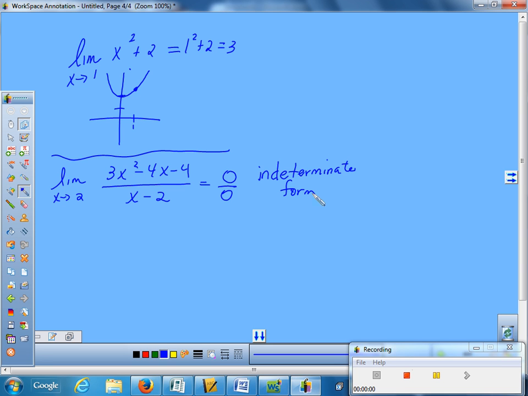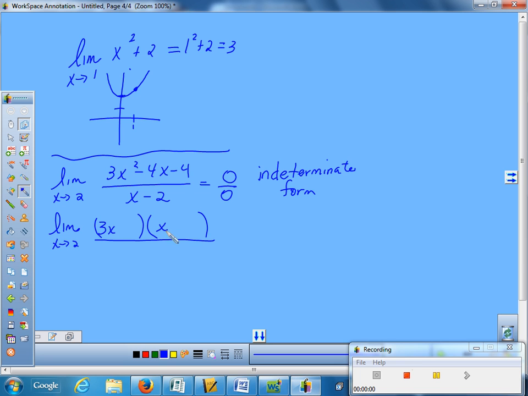So you have to try some algebraic magic on it. What kind of algebra would be about the only thing we could try on this that we've done many times? Factor. It's a quadratic. It's a screaming factor, baby. So I gotta factor it. What factors would you like? 3x and x, it's pretty much gotta be.